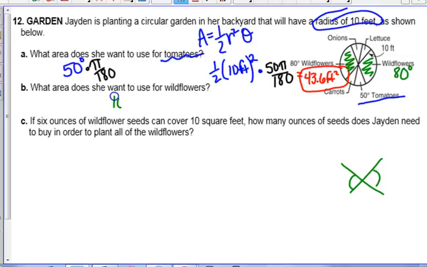So we have a total of 160 degrees of arc. It is not to scale. So we have 1/2. Our radius is still 10 feet squared times our, when we switch it to radians, we get 160 pi over 180.